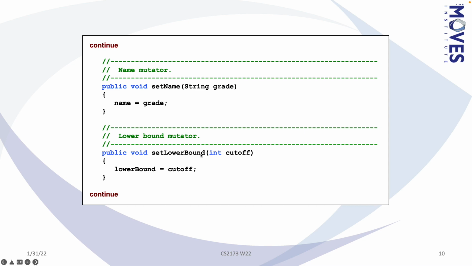If my rules are 95 or above is an A+, 90 to 94, and so on, why would I change that? So the thing to remember is that when you're designing your classes, you may have variables that will never change. And if they never change, don't write a setter. You may have variables that others may want to see, and in that case, write a getter or an accessor.